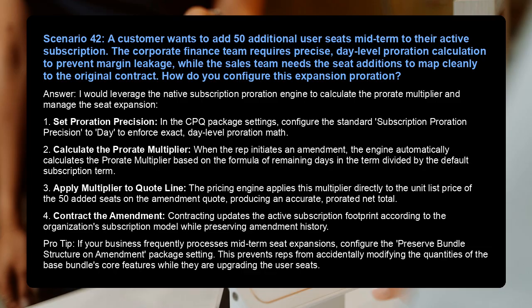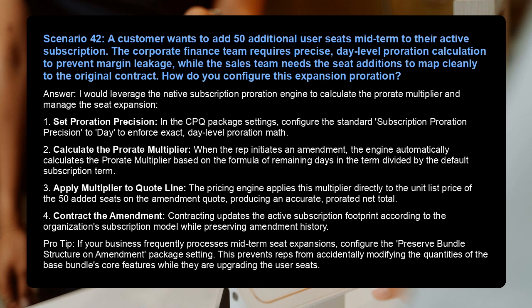Answer: I would leverage the native subscription proration engine to calculate the prorate multiplier and manage the seat expansion. 1. Set proration precision. In the CPQ package settings, configure the standard subscription proration precision to day to enforce exact, day-level proration math. 2. Calculate the prorate multiplier.